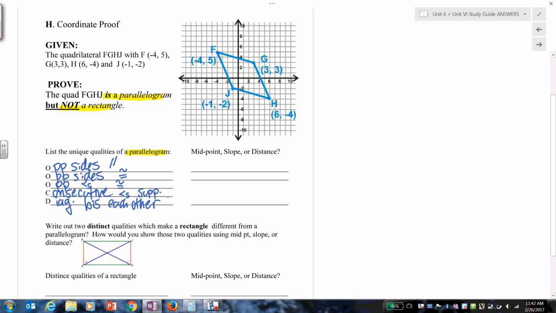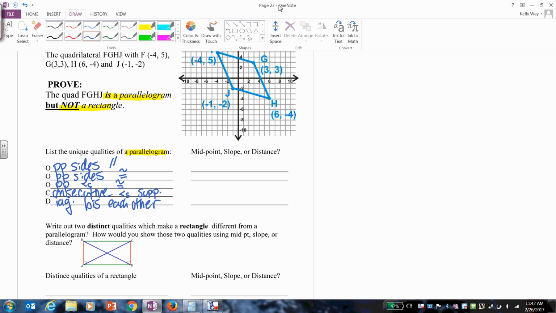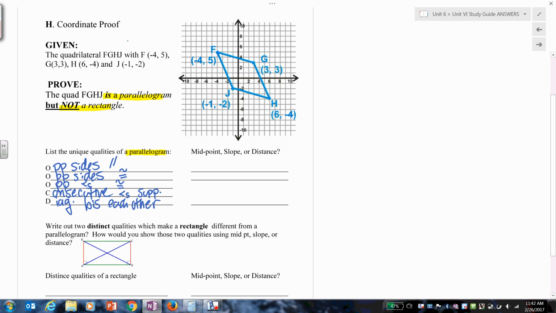So we have opposite sides are parallel, opposite sides are congruent, opposite angles are congruent, consecutive angles supplementary, diagonals bisect each other. Now you ask, out of these 5 qualities, which ones could we show using midpoint, slope, or distance?